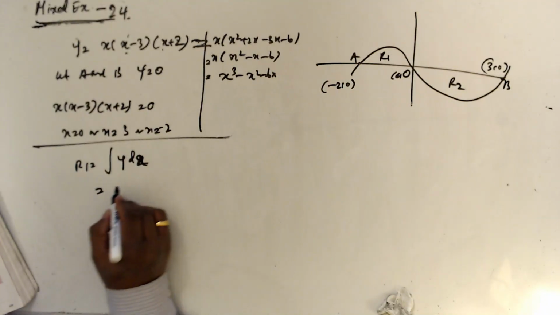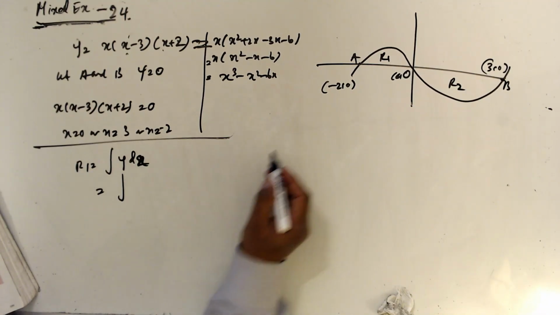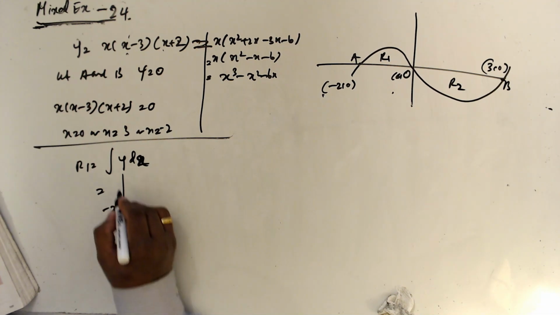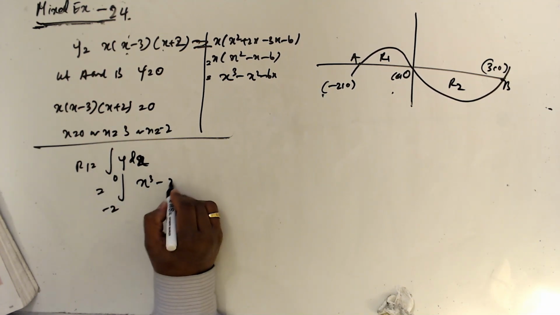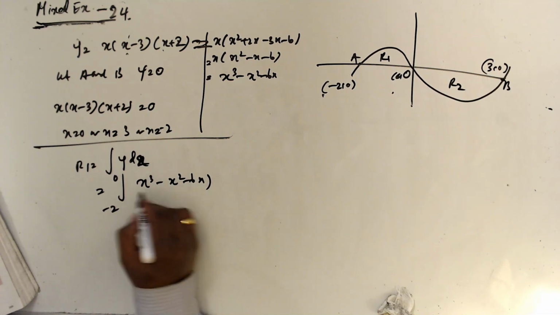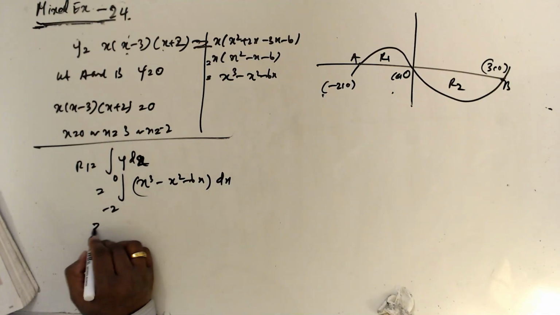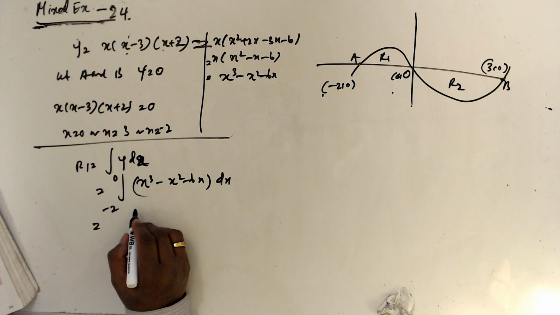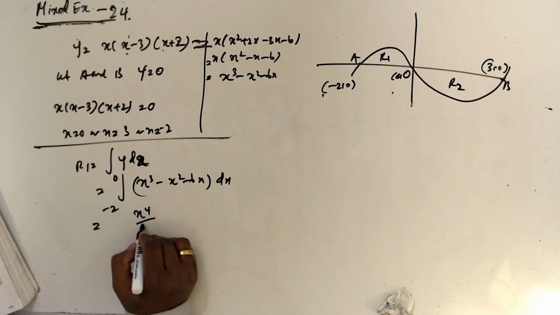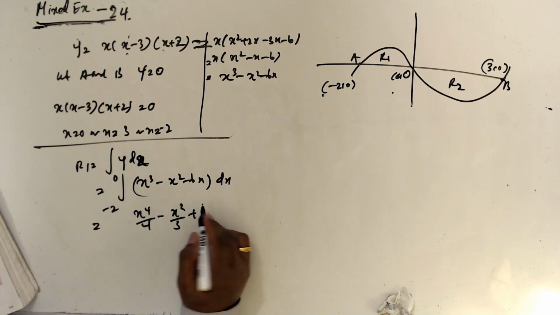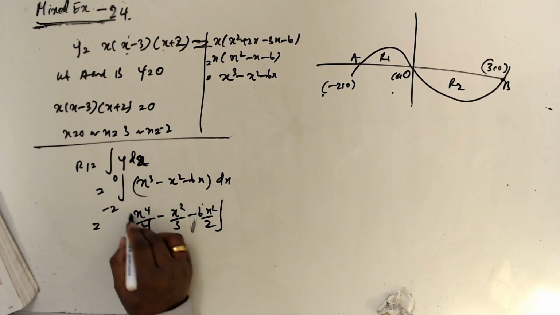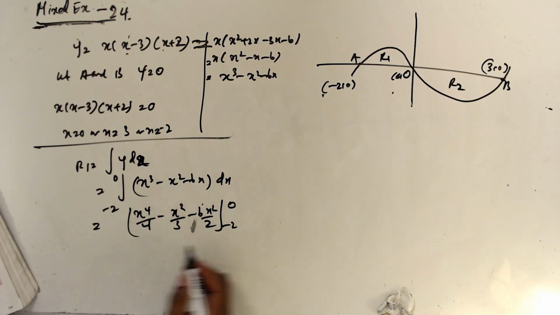So this is going to be integrate from minus 2 to 0, x cubed minus x square minus 6x dx. So this is going to be x to the 4 over 4, x cubed over 3, minus 6x square over 2, from minus 2 to 0.